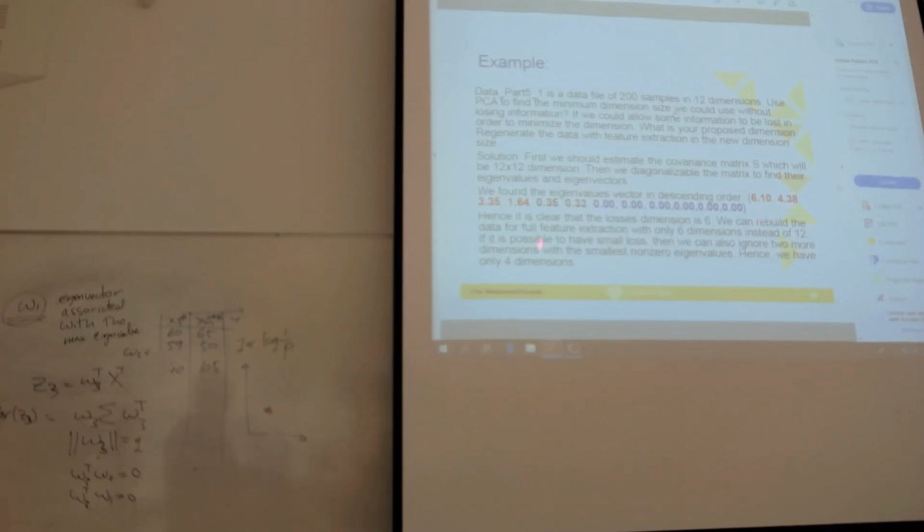But you can also remove this one and this one because they are very small. There might be, because of noise, those small numbers, so in some applications it is possible to remove them. If you also remove 0.33 and 0.35, then you will have only 4 dimensions. From 12 dimensions, you reduce into 4 dimensions.